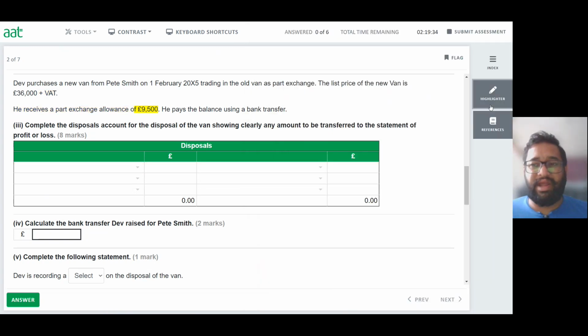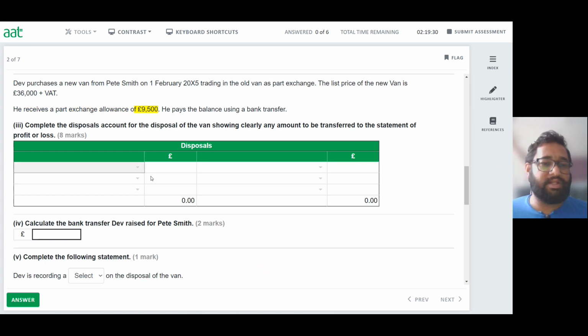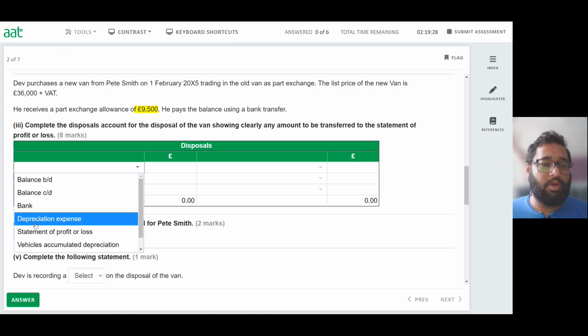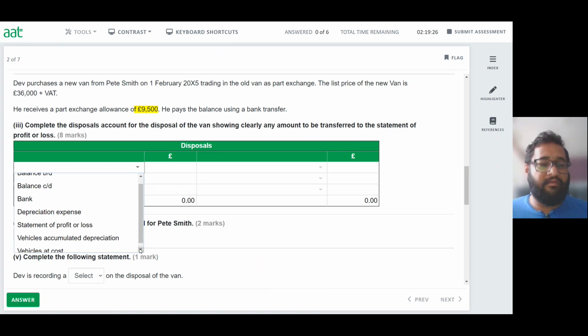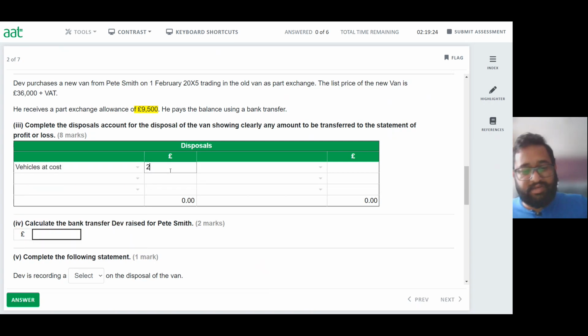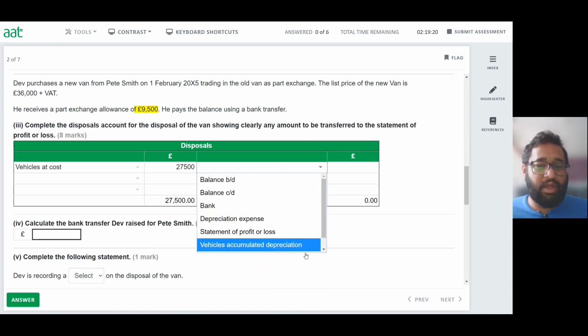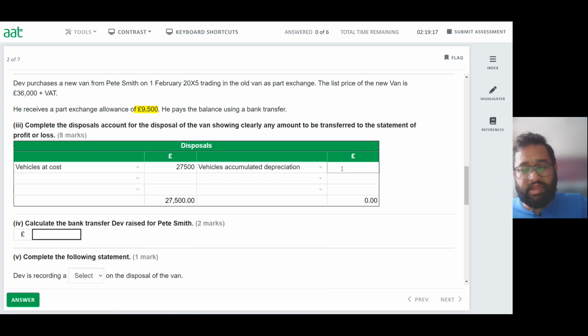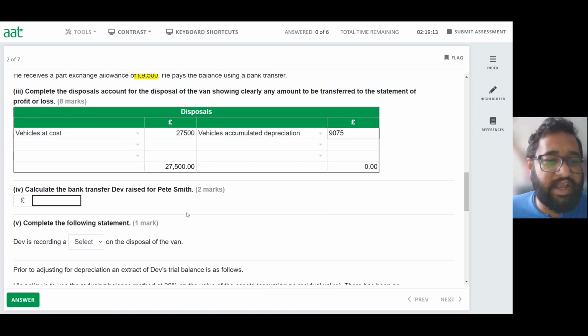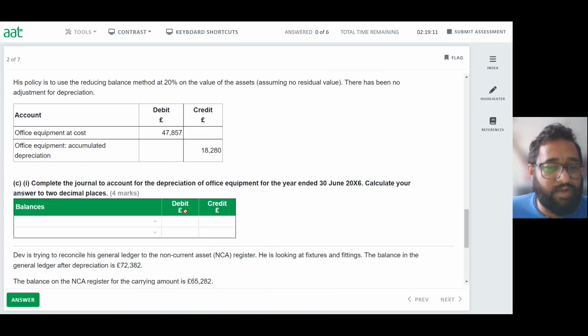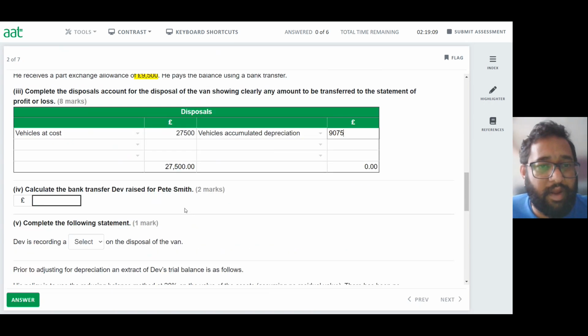So let's get rid of the highlighter. We don't need that anymore. So here, let's see now. We will say vehicle at cost 27,500, and this one will give you eventually accumulated depreciation of £9,075. And also, you remember you have received a disposal value of £9,500 here.